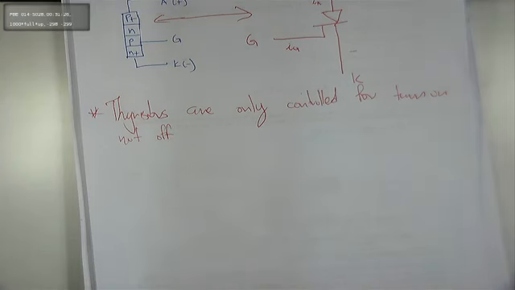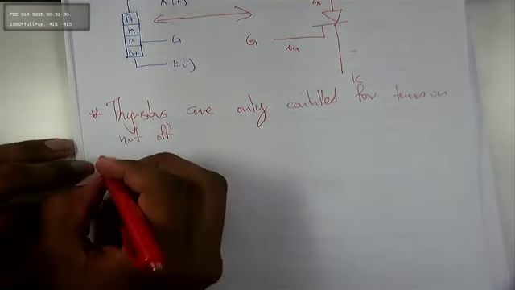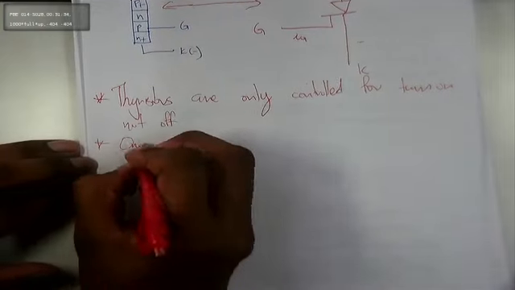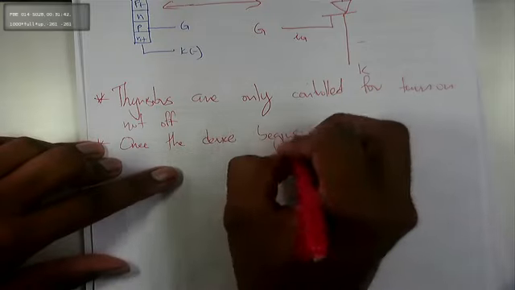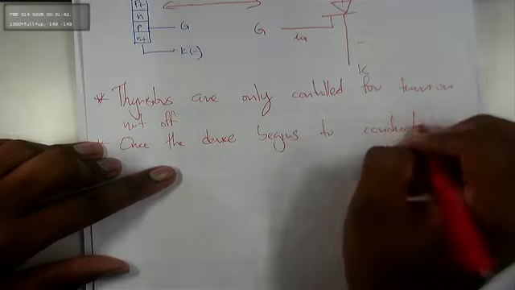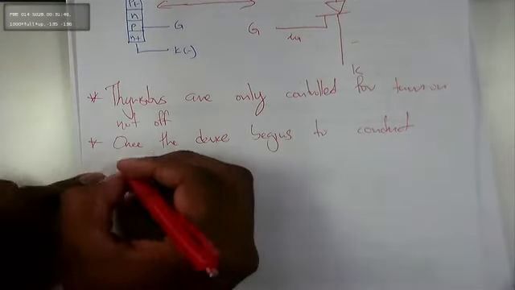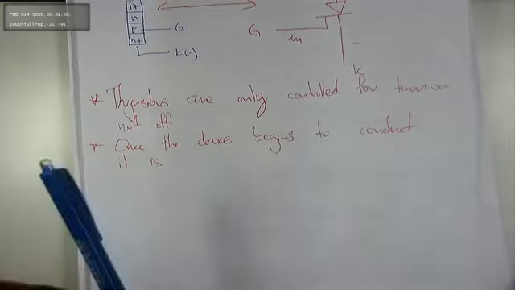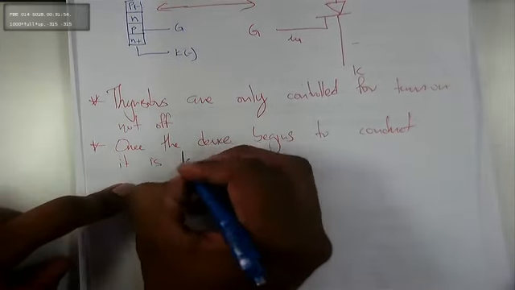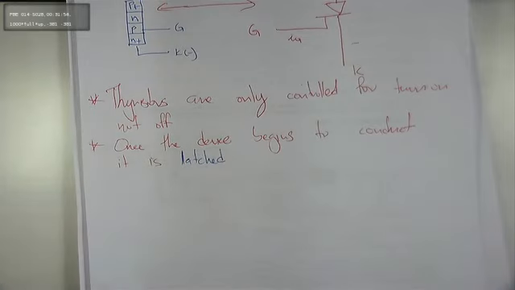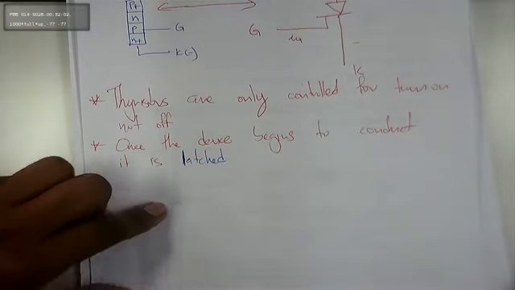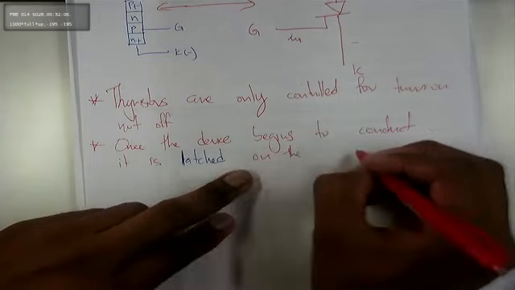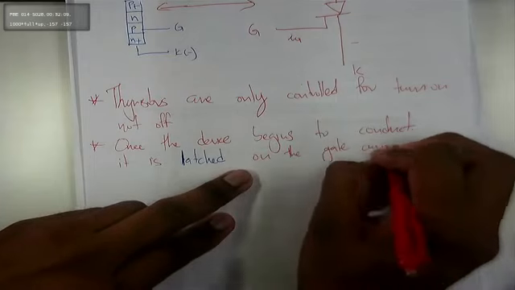So what happens in the off region? Once the device begins to conduct, it is, new term, latched. Latched on the gate current.